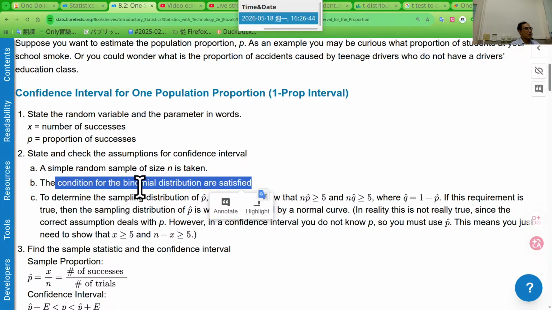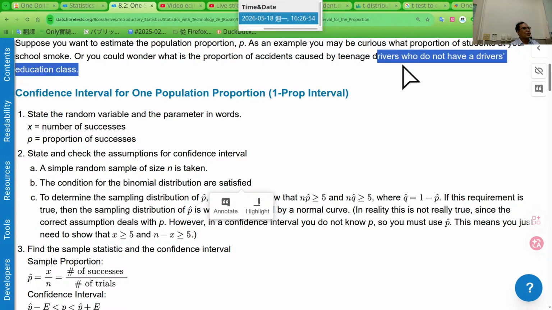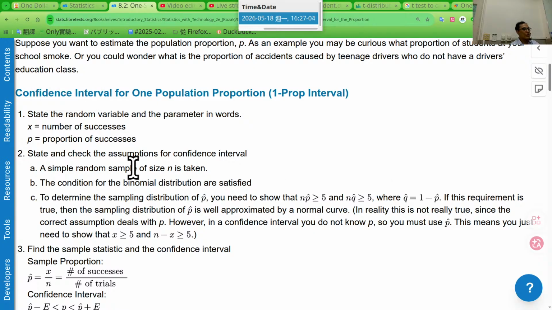Because it is yes or no, successful or not successful, smoking or not smoking, already taken the driver's education class or did not take it. Yes or no, thus we use the binomial distribution.